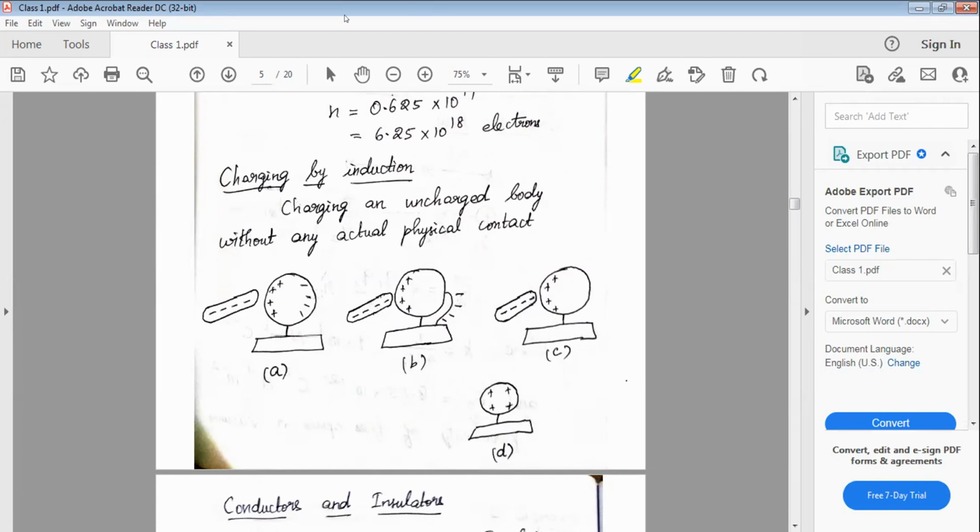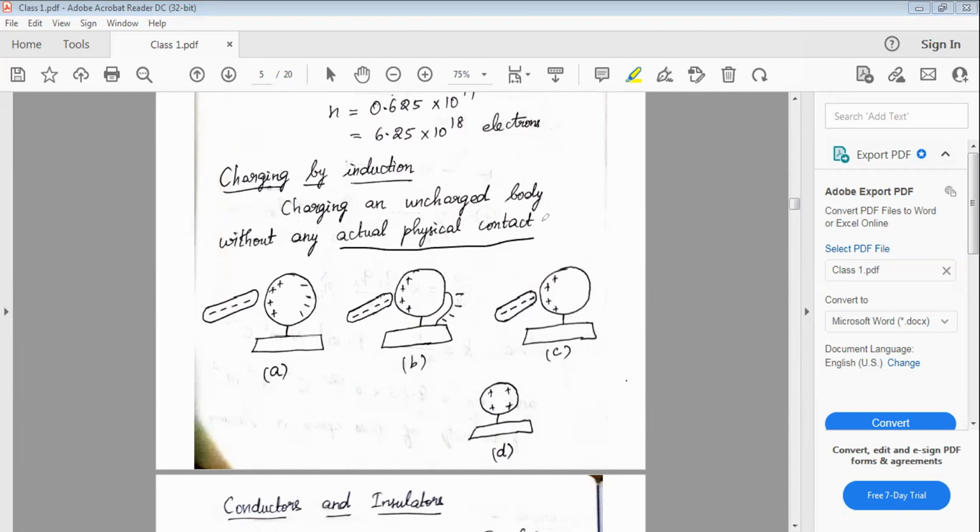And what is that method? That is called charging by induction. So what is meant by charging by induction? Instead of bringing the two materials into physical contact with each other, you can charge an uncharged body without any physical contact.